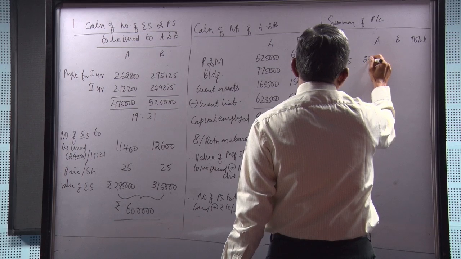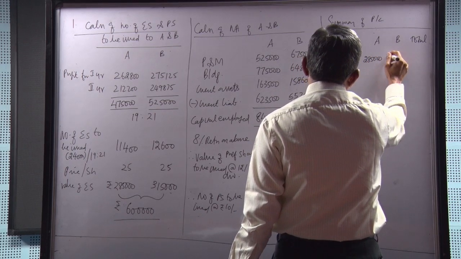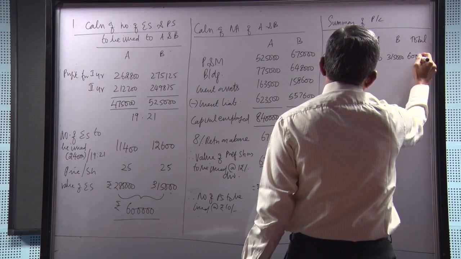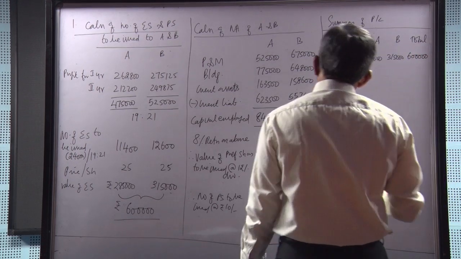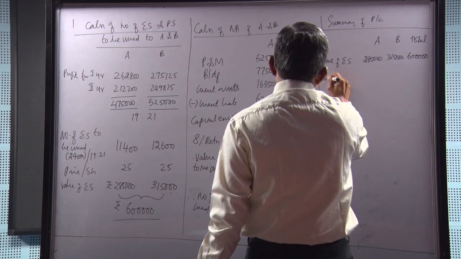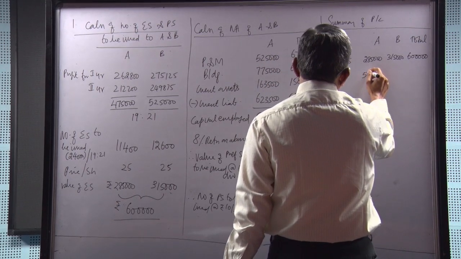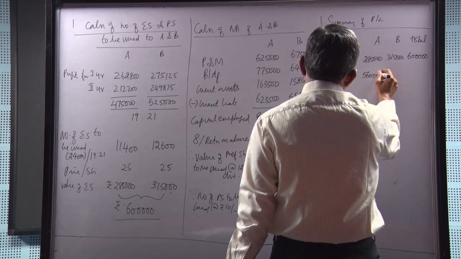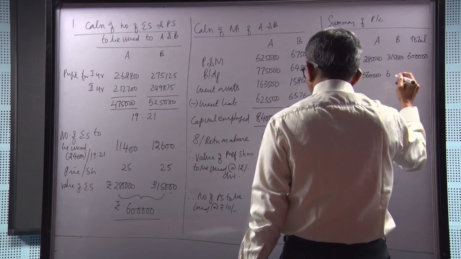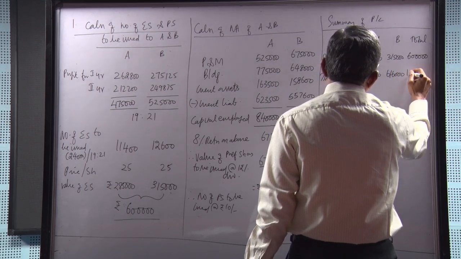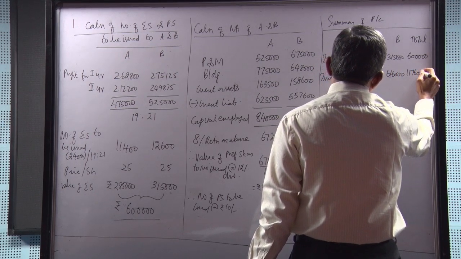For A, 2,85,000, for B, 3,15,000, total 6 lakh. Issue of preference shares. For A, 5,60,000, for B, 6,16,000, total 11,76,000.